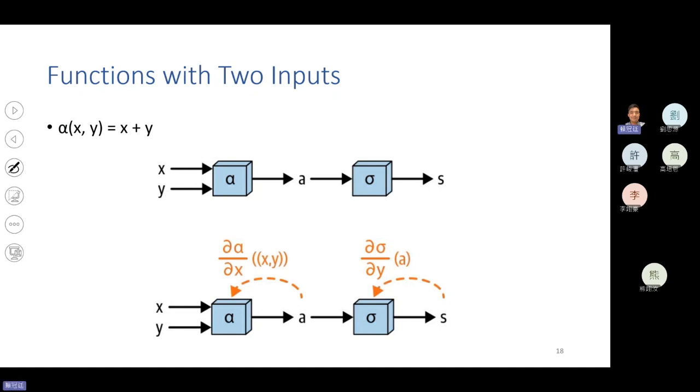In other words, you can ignore one of the values. You can ignore x, you can ignore y. You can make y a constant first. It's like a scalar.